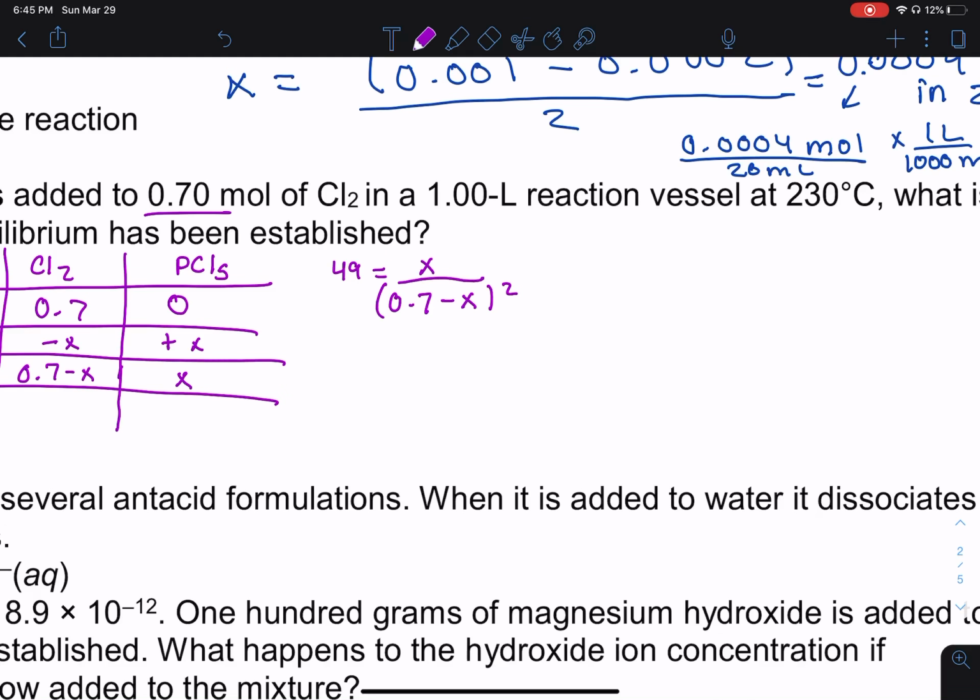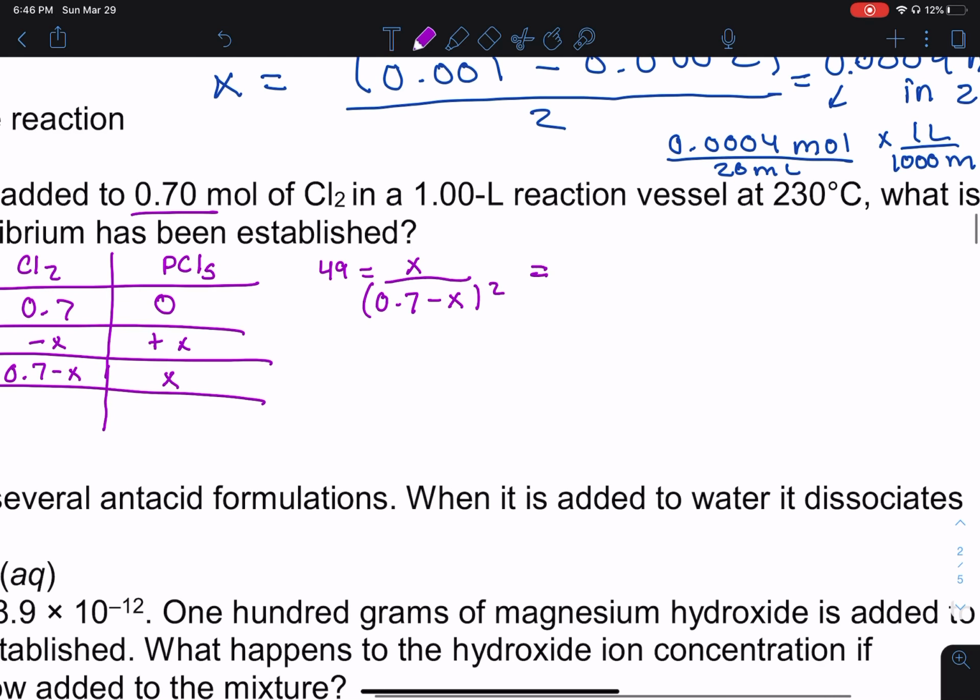And in this type of an expression, what we'll have to do is switch it to the quadratic equation, I believe. But in order to figure out what our x is, okay?